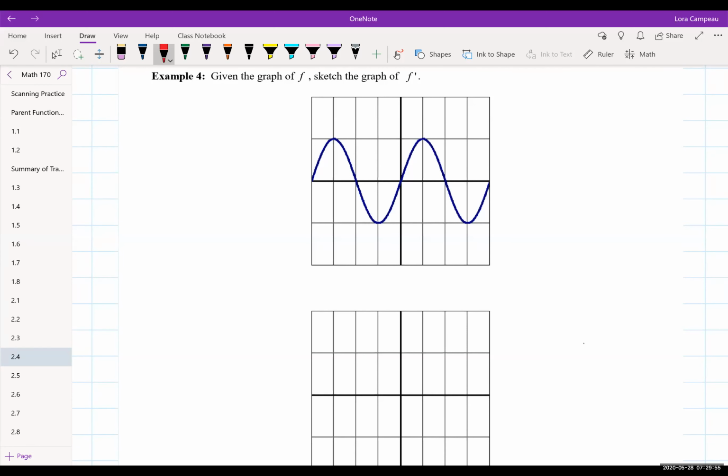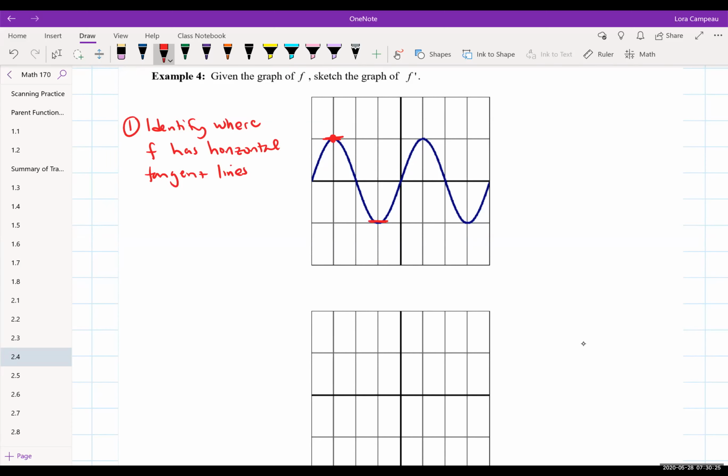That's the first case. That was a little trick we were using in 2.2. So I am seeing we have a horizontal tangent line about here.